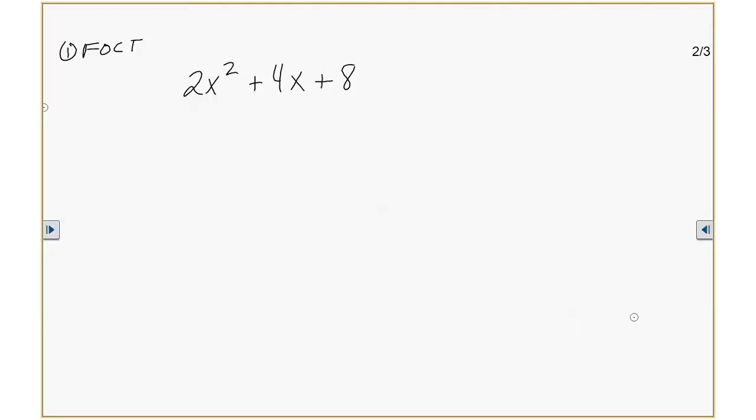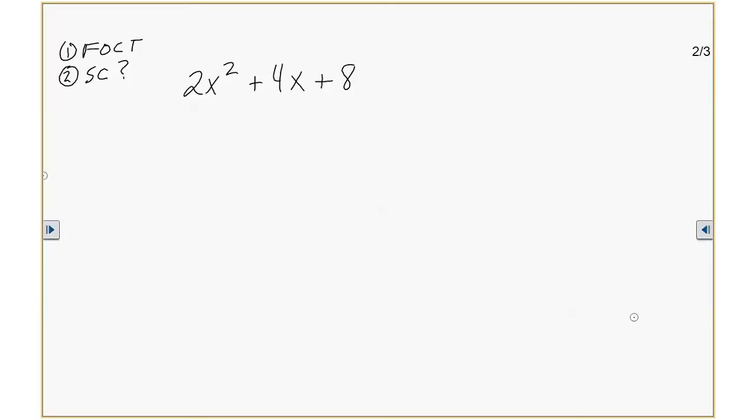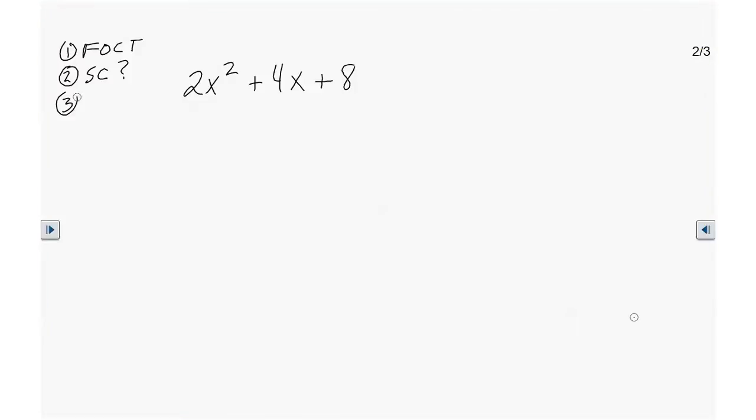Term. Or a shortcut. Put a question mark beside that because you can't take the square root of 8, so it's not a shortcut. But you could factor out a common term, and then it would be what? A 4, and can you take the square root of 4? So it might be a shortcut. And then, of course, the last thing would be reverse FOIL.